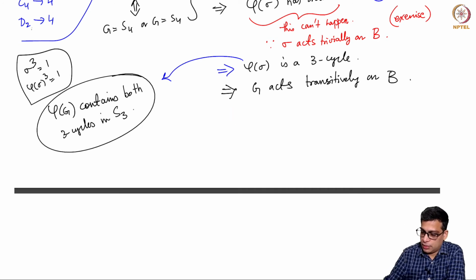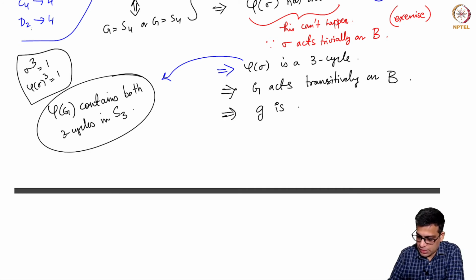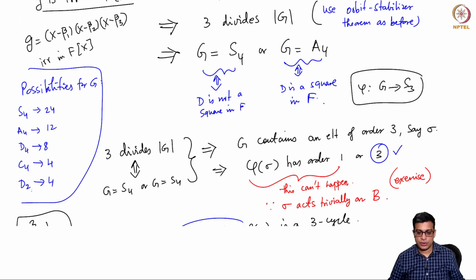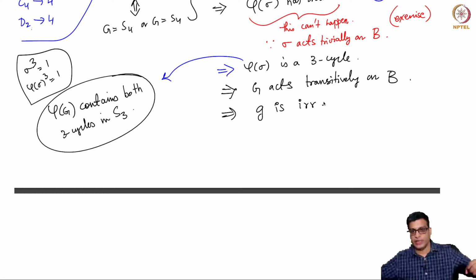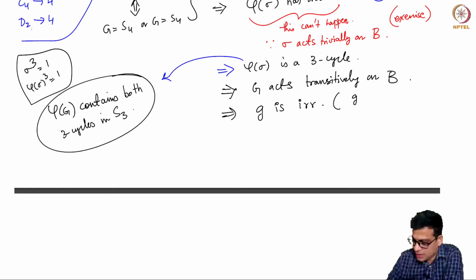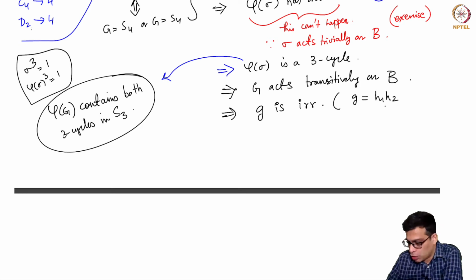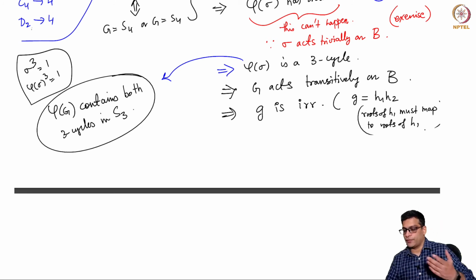This implies G is irreducible. Okay, this is because if G is not irreducible, you cannot interchange roots of distinct irreducible factors. So if G is equal to H1 H2, both of positive degree, roots of H1 must map to roots of H1 and vice versa, and roots of H2 also.